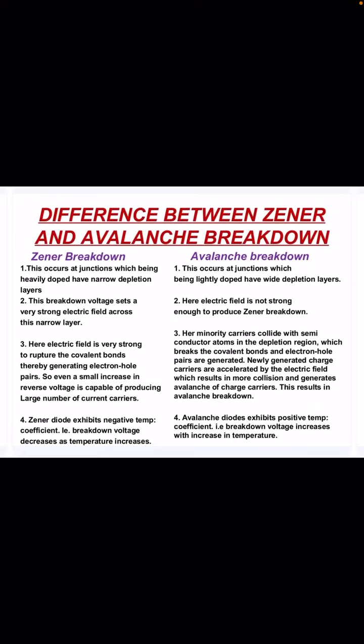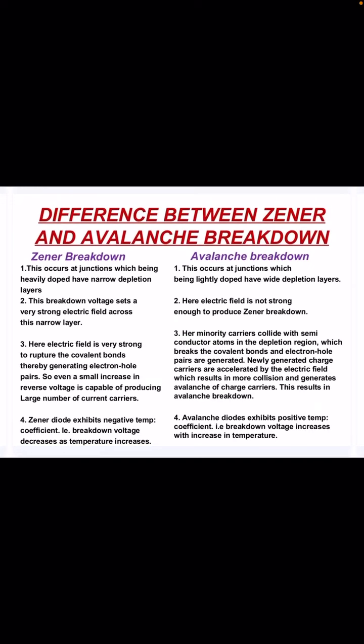On the contrary, we have a lightly doped junction. So we have a wide depletion layer, and the electric field is not very strong, so Zener breakdown will not occur, but some other phenomenon will occur at a higher voltage than the Zener breakdown voltage.